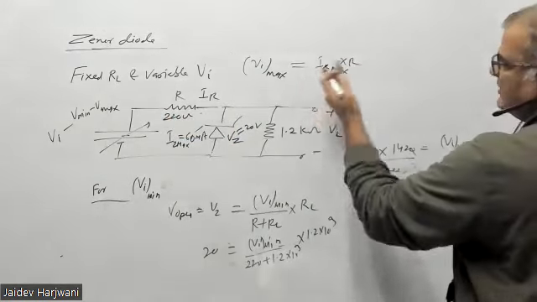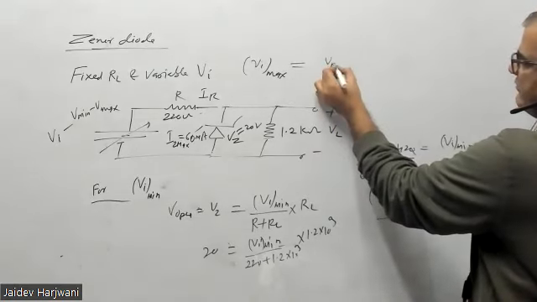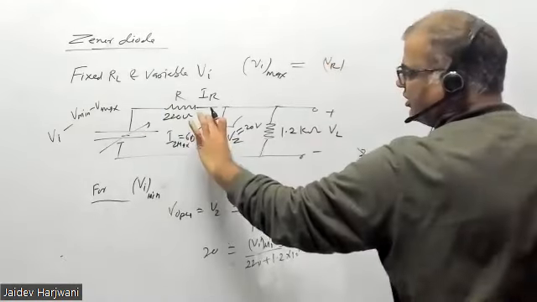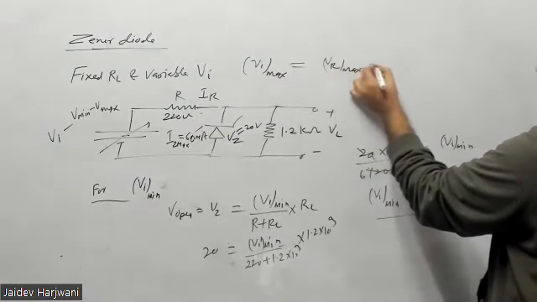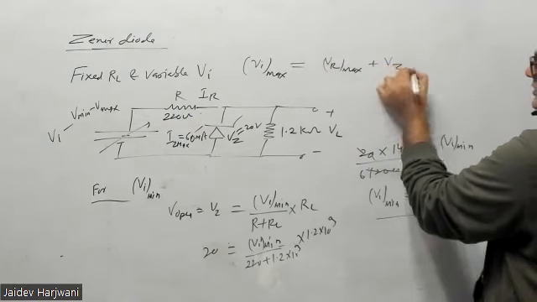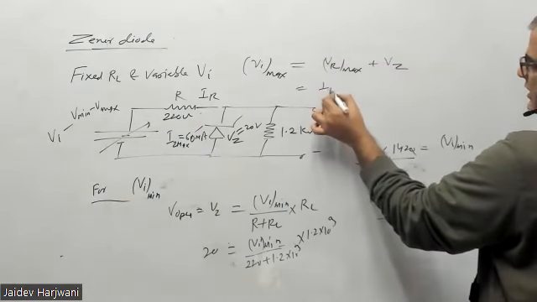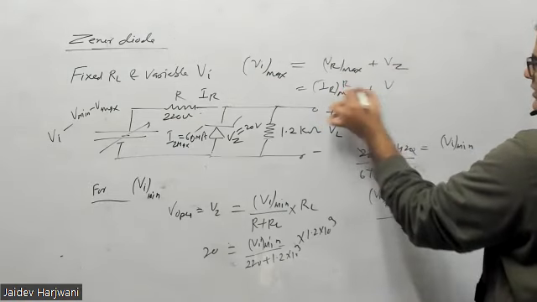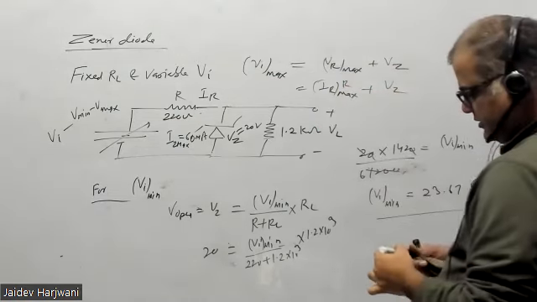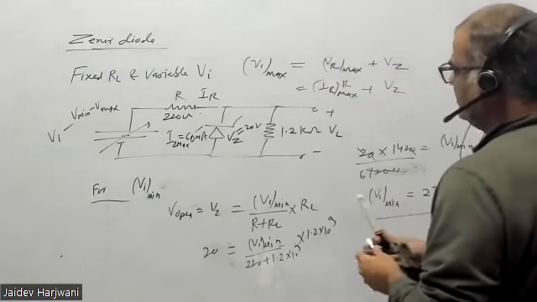VI max means VR will be max, this is fixed, this will be max. So VI max equals VR max plus VZ, that is IR max times R plus VZ. Now find IR max.